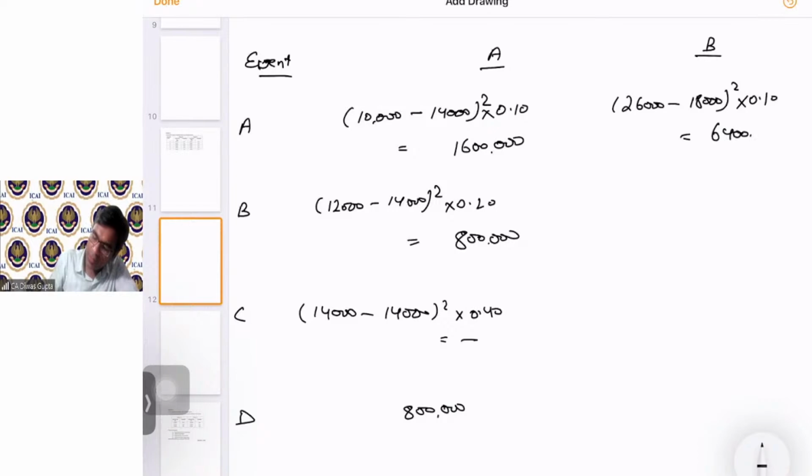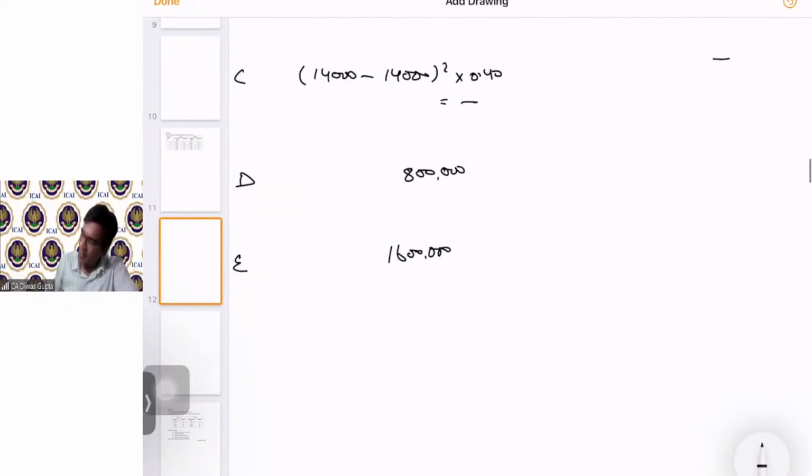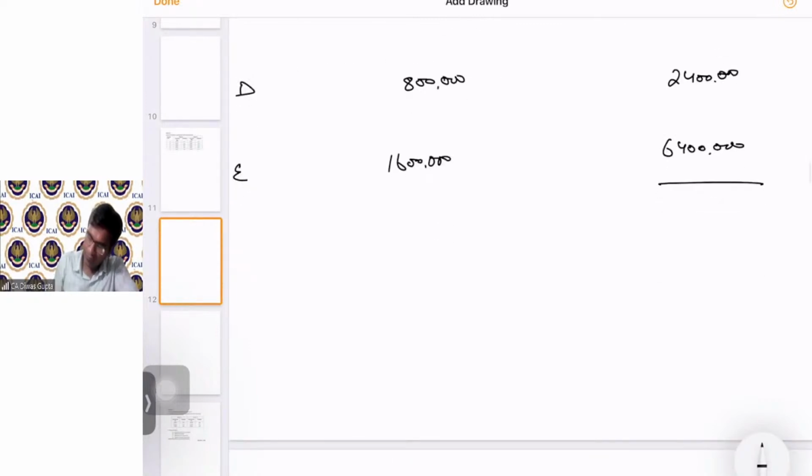This brings this to 64 lakhs, then 24 lakhs, then dash, then in D, it will be 24 lakhs, then it will be 64 lakhs. If we take a total here, summation is 48 lakhs, and here it will be 1 crore 76 lakhs.